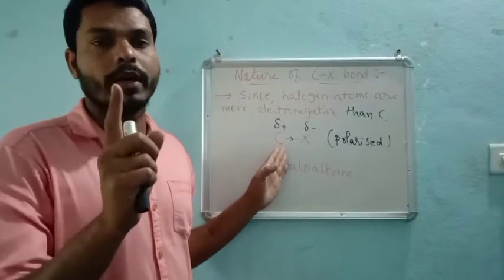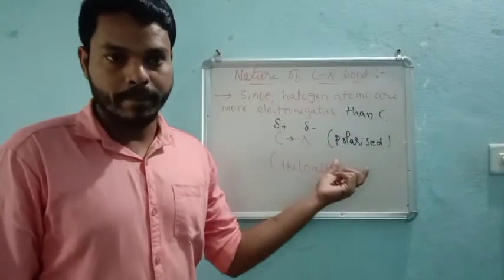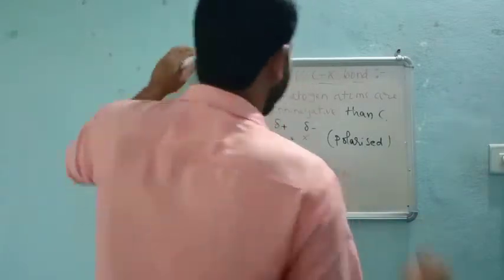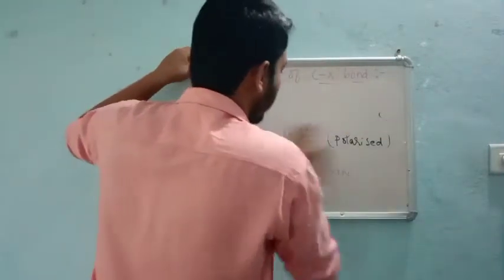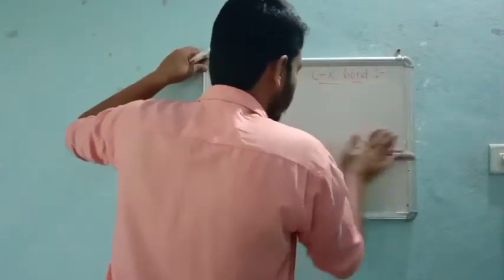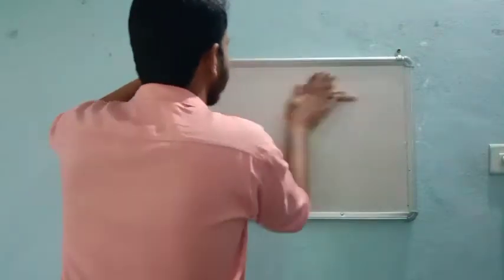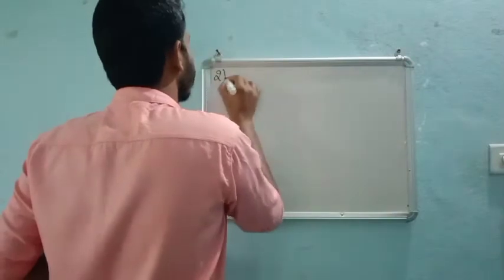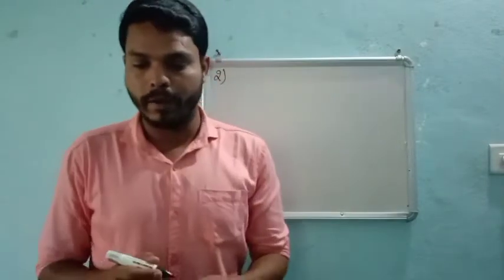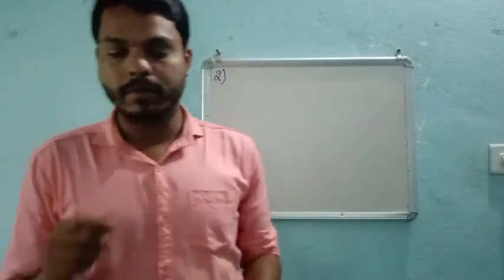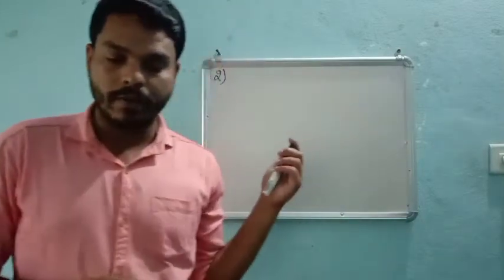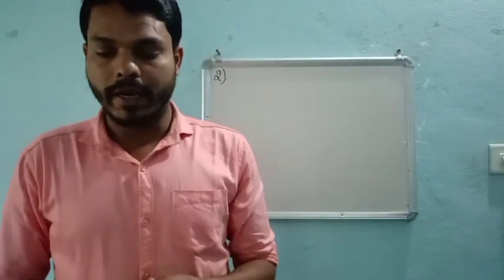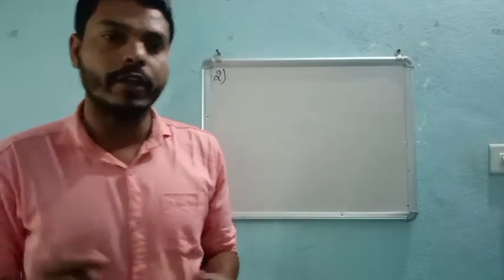The first point is about polarization. It is polarized because of the presence of a more electronegative element, the halogen. Now the second point, very important, you remember: the carbon atom bears a partially positive charge, whereas the halogen atom bears a partially negative charge.